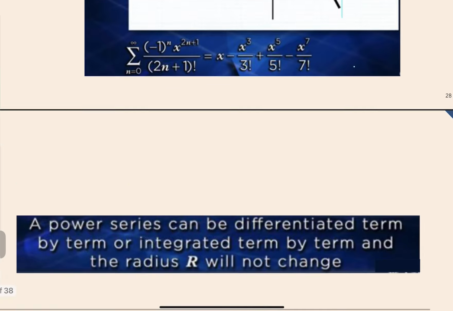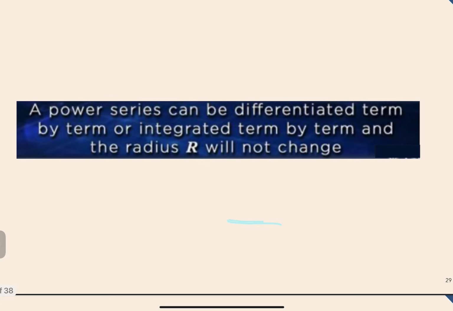So it turns out that a given power series with a certain radius of convergence r, and r might be infinity, you can differentiate term by term, or integrate also term by term, and the radius won't change. The radius will stay the same.